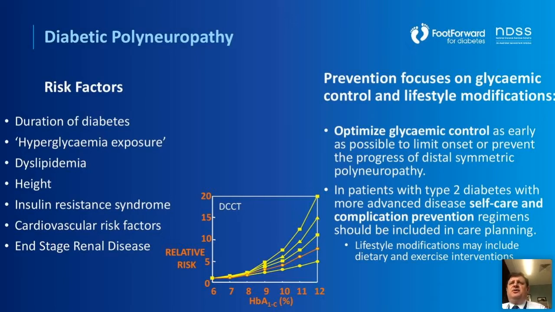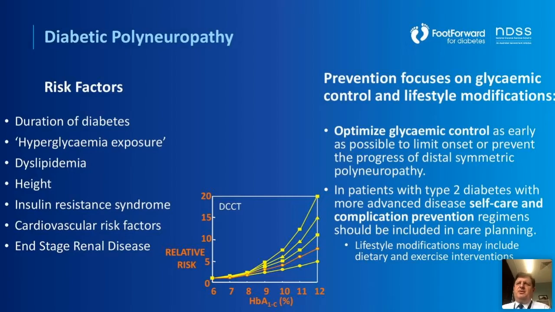And as you can see over time, there's about a 7-fold increased risk if the HbA1c is running well into the double figures range compared with the targets that we'd normally have for people with type 1 and type 2 diabetes. And on the right-hand side, the data tells us, and the DCCT was an intervention study, that we do need to try and optimise glycemic control as early as possible to help prevent the onset and progression of the polyneuropathy.